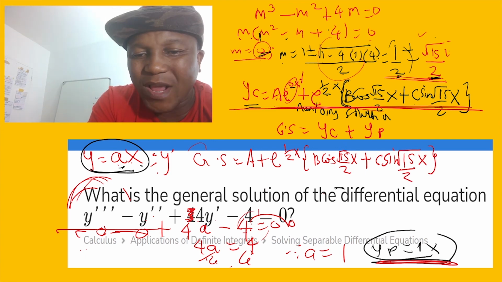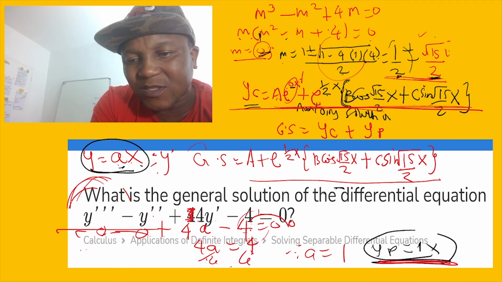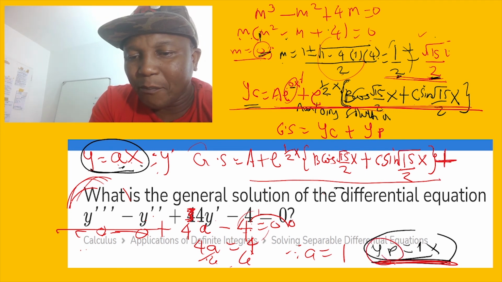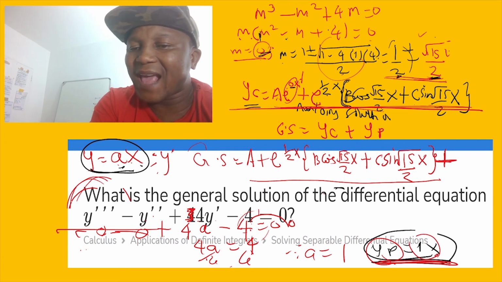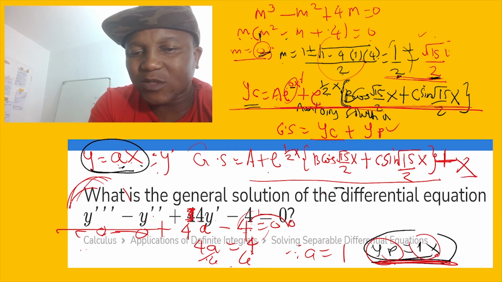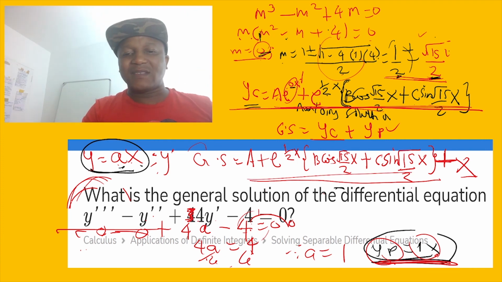So we're done with all this auxiliary. We must add the particular solution. What is the particular solution? Just 1x, which is x. So the particular solution is x, and the auxiliary is that one. And that's going to be the end of the question.